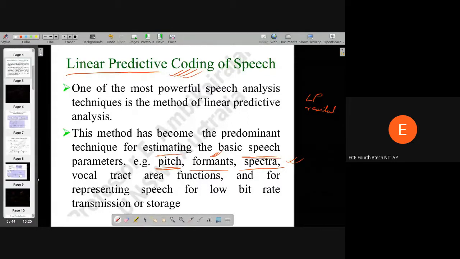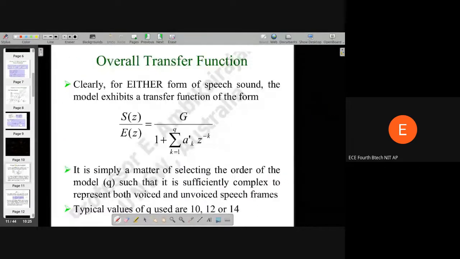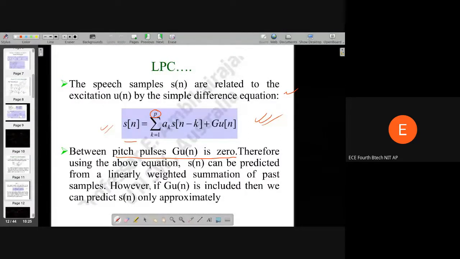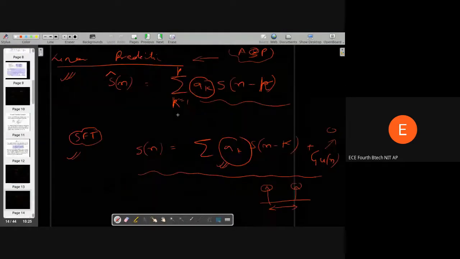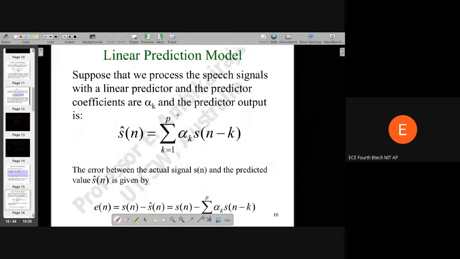So let's go now to our slides. We have talked about all this. So how do we find the parameters of this model? That's the question.